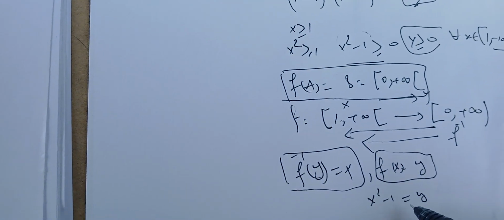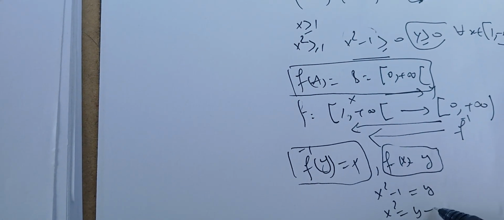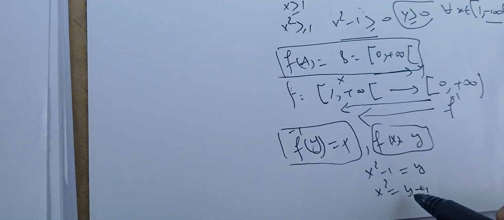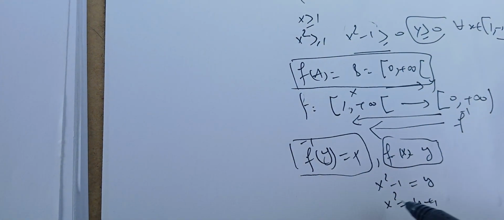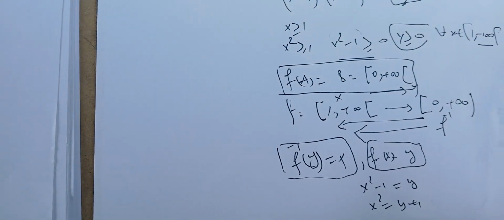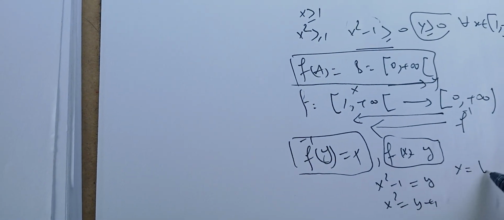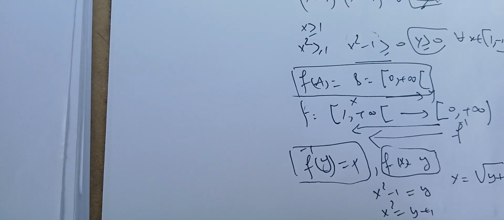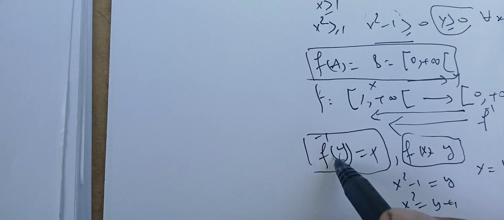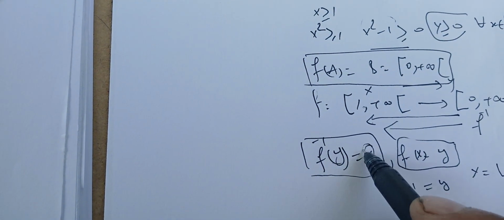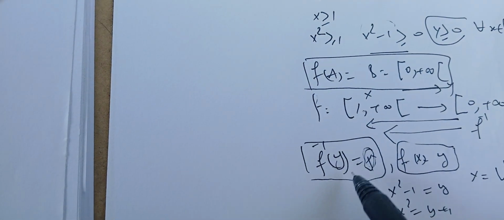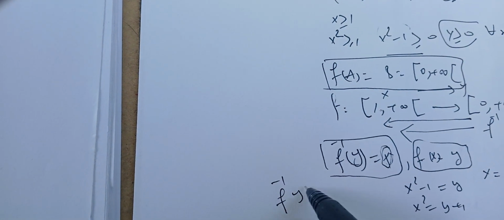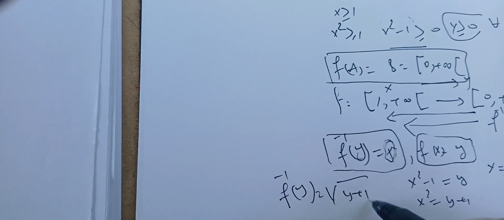If we add 1 to both sides, we have x squared is y plus 1. Now we take the square root. But given that x is bigger than 1, x is positive. So we found our x: f inverse of y is the square root of y plus 1.